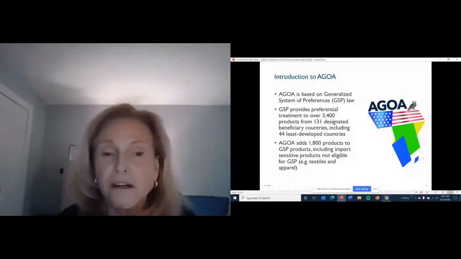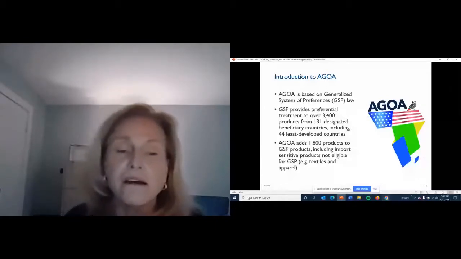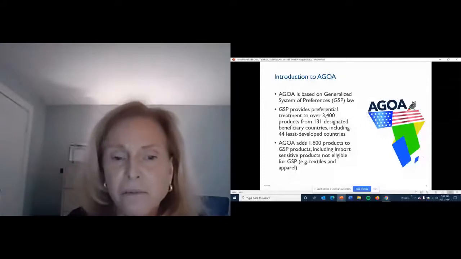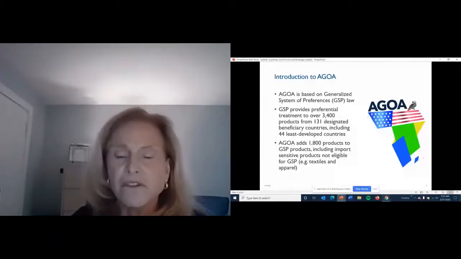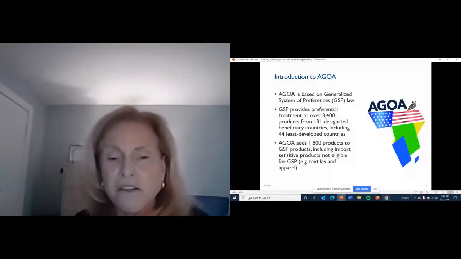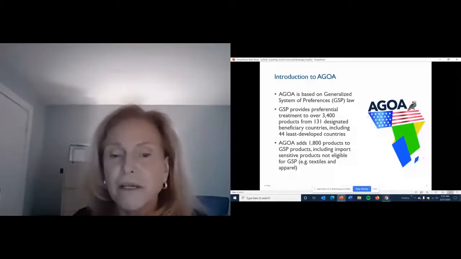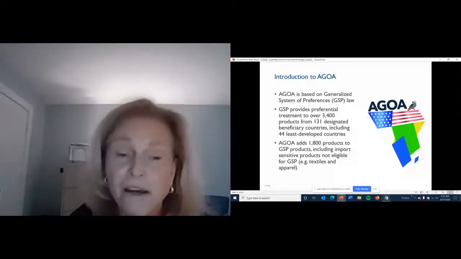So AGOA came out in 2000, and it adds a lot more products to the eligibility. AGOA is basically all of the products eligible for GSP, plus 1,800 more. The most significant one really for Africa is textiles and apparel, because the duty rates on those products are extremely high.